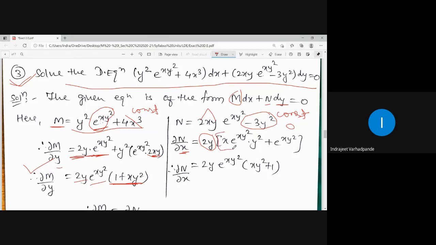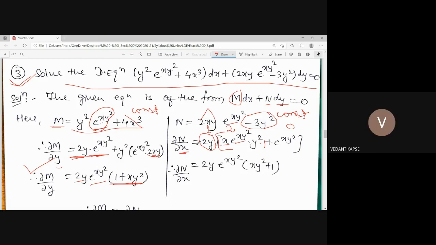In the bracket, now take down the derivative. First term as it is into the derivative of second, x as it is into the derivative of this. The derivative of e to the power xy square is e to the power xy square into the derivative of xy square, out of which y square is constant and the derivative of x is 1. Did you understand this?